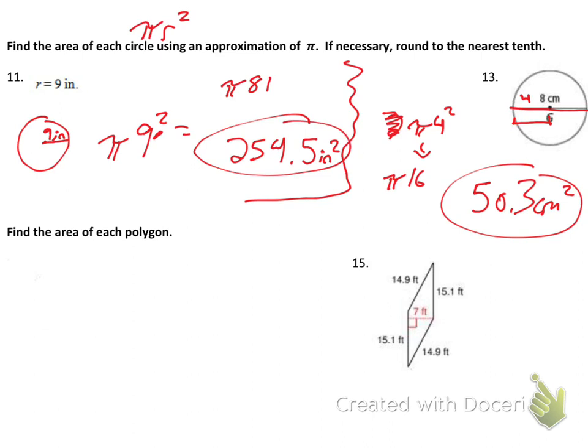All right, find the area of each polygon. It looks like what we need to do is cut this in half, but can we cut it in half? So let's figure out what we need to do to get this done. So 15 looks a lot trickier than it actually is. Just remember that we're always looking for this right angle, and that's where your base is.